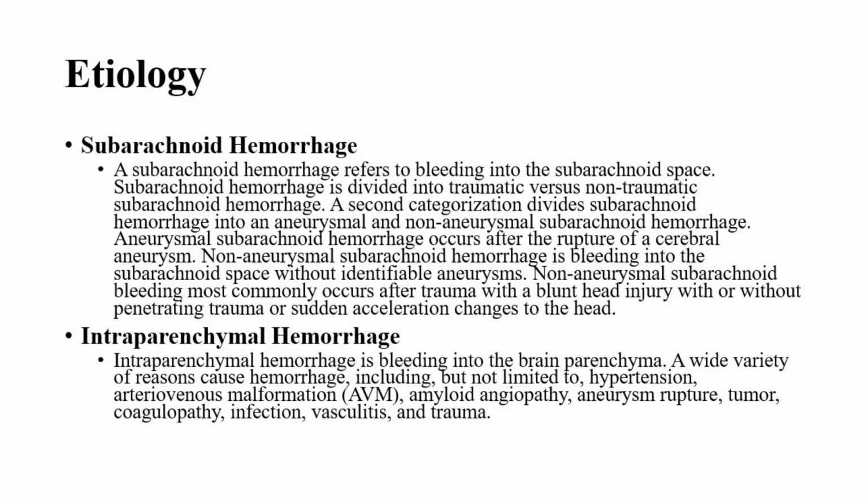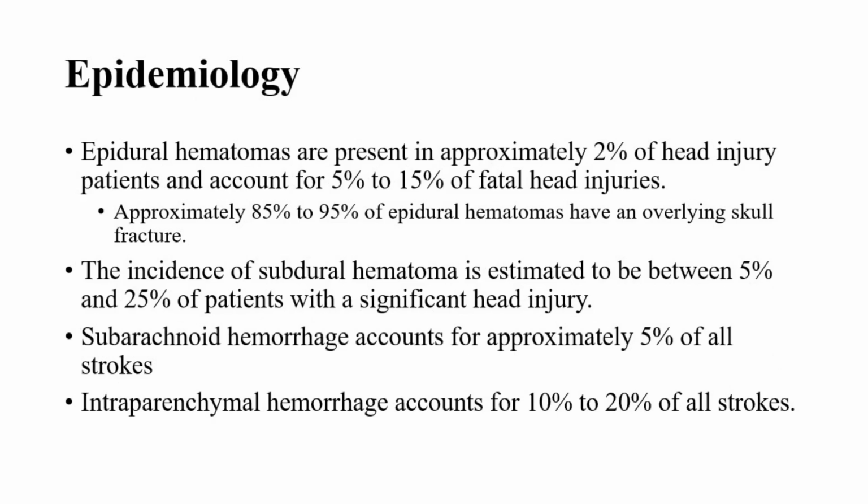A wide variety of reasons cause hemorrhage, including hypertension, arteriovenous malformation, amyloid angiopathy, aneurysm rupture, tumor, coagulopathy, infection, vasculitis, and trauma. For epidemiology, epidural hematomas are present in approximately 2% of head injury patients and account for 5% to 15% of fatal head injuries.